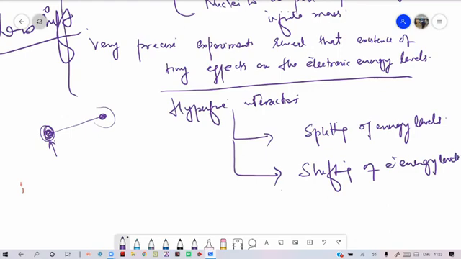So there are two effects which can result because of the variation in the properties of a nucleus, like the charge or the size, mass. So there are two properties, charge and the mass. Charge, there's a magnetic dipole moment then. That magnetic dipole moment and the mass of the nucleus have two different effects on the electronic energy levels. Either it can split the electronic energy levels into two or more than two components, or it can shift the energy levels when we vary the mass of the nucleus.